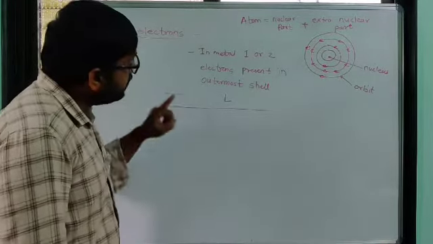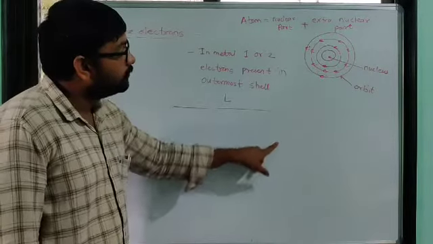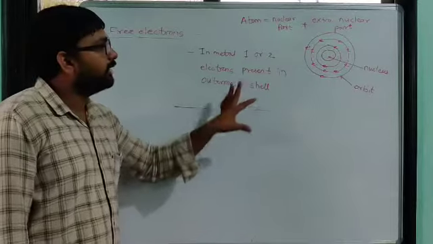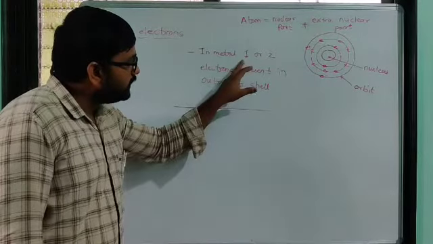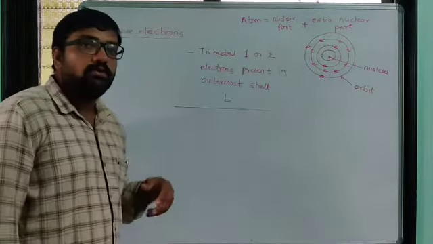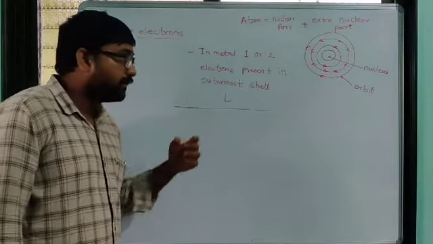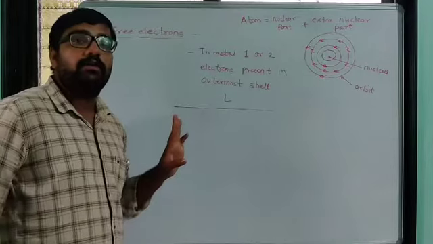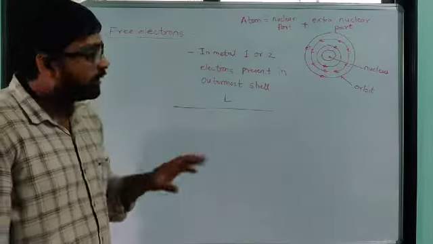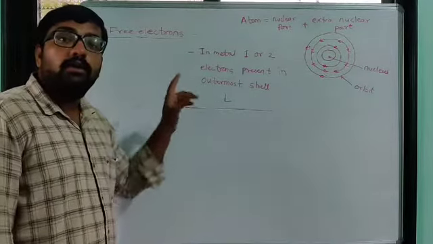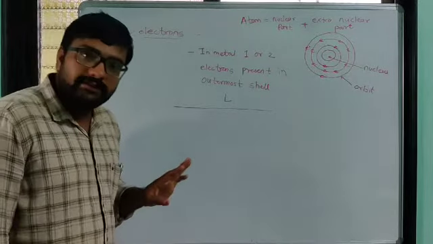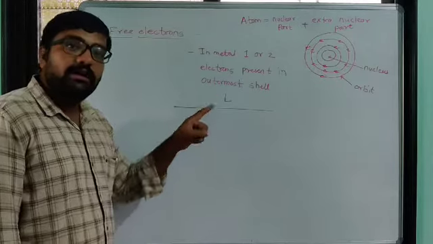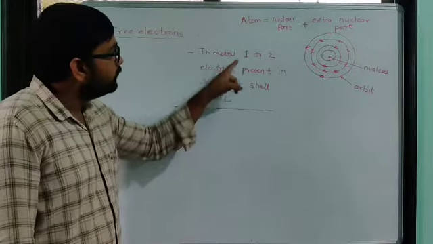Hence a large amount of current flows through this wire, and that is why metals are good conductors of electricity: the motion of charges, that is the current, is possible due to these free electrons.